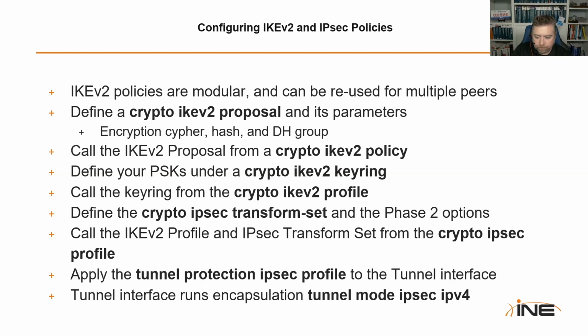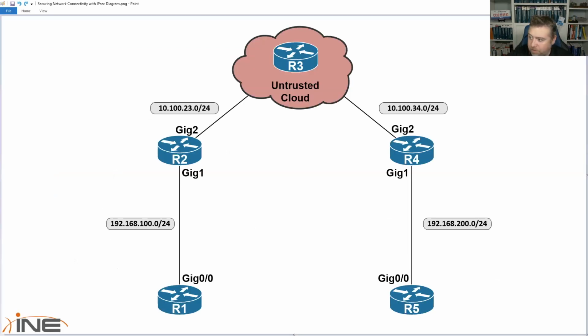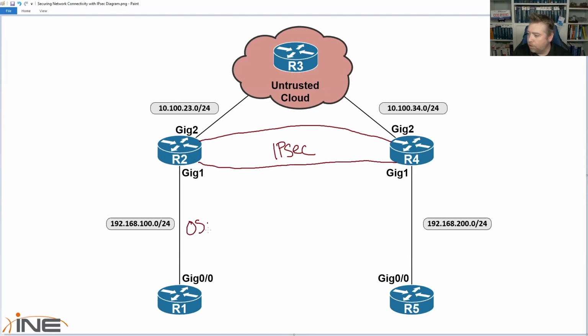and see if we can piece this together. Okay, so specifically what we're doing here is that we're going to form an IPsec tunnel between router 2 and router 4, and then we're going to run OSPF over it. Okay, so we're already running OSPF on the inside interfaces.